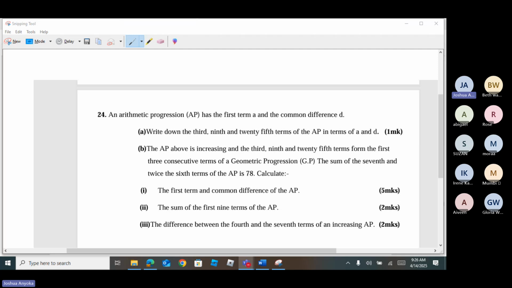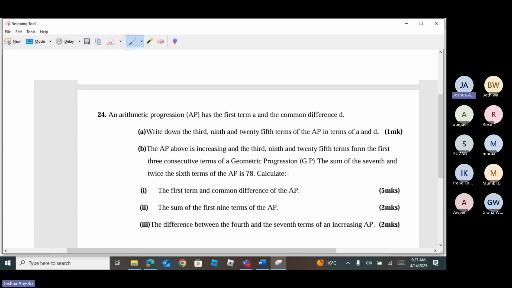Well, this question is mixing both the geometric and arithmetic. But we need to analyze the question properly as we decode, as we bring in the ideas that we know. So you read and you try to bring in the ideas. An arithmetic progression has the first term, A, and a common difference, D. Write down the third.